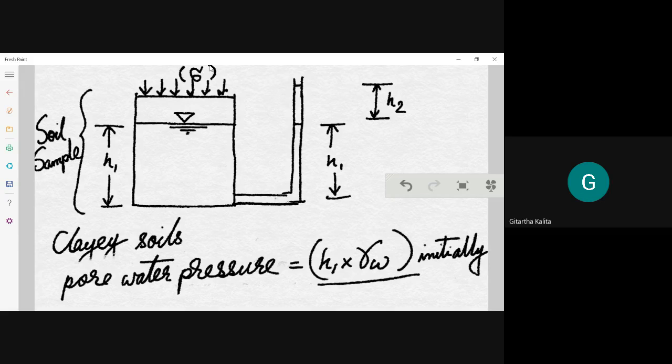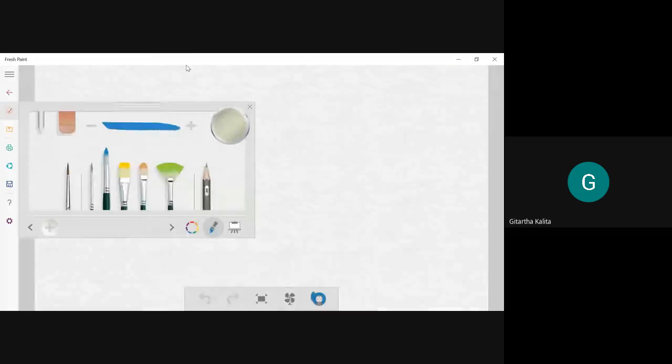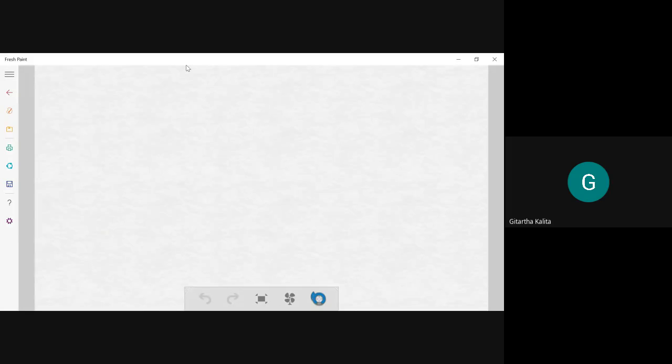So ultimately, what will happen? The pore water pressure will rise, because we are applying some extra pressure, sigma. Let me take a new screen, since the previous screen does not provide enough space.